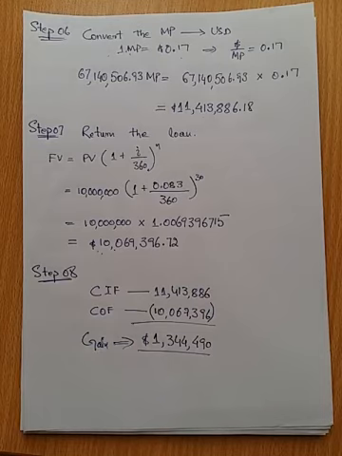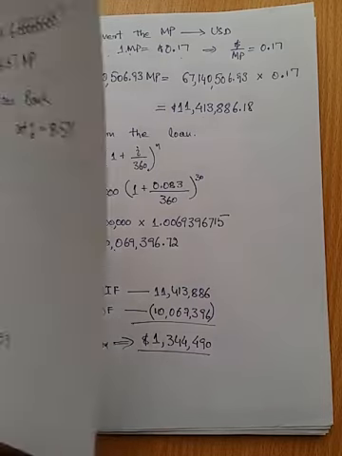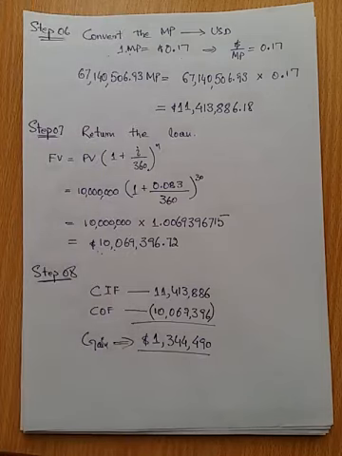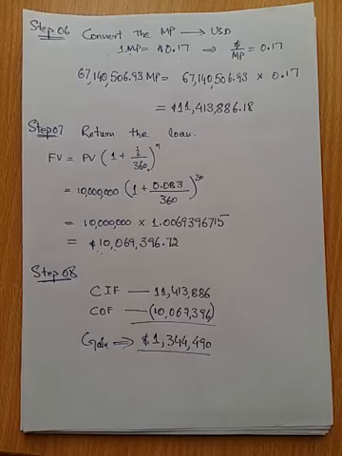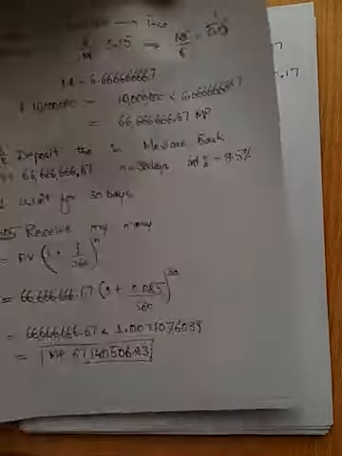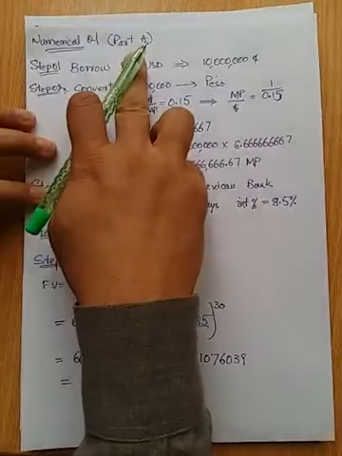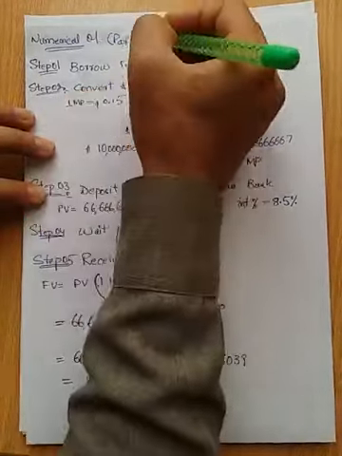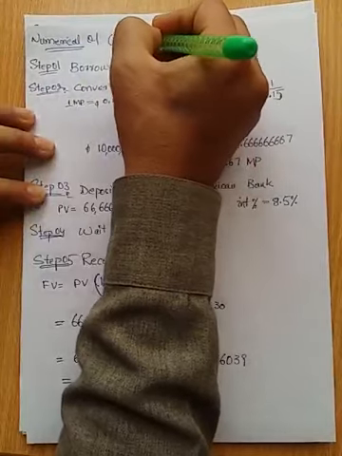So ladies and gentlemen, this is actually the part B of the question, okay? The numerical 1 part number B, we just solved it here, okay? And I just made a small mistake, ladies and gentlemen. It was not part A, it was part B, okay?